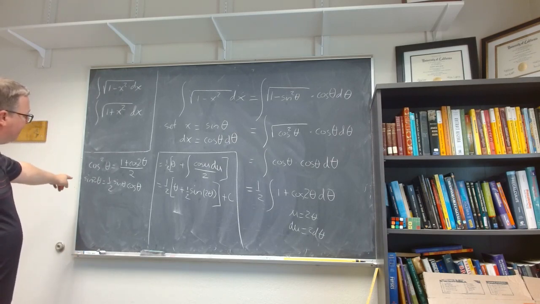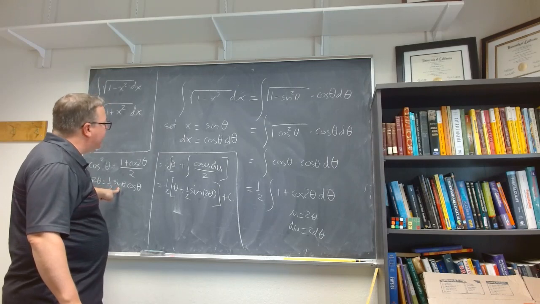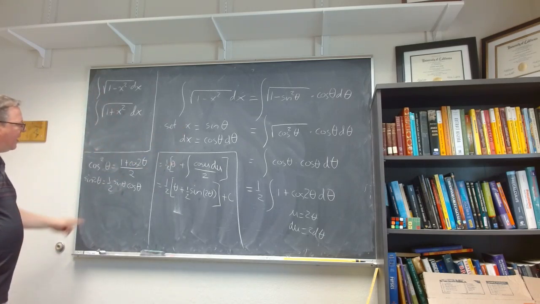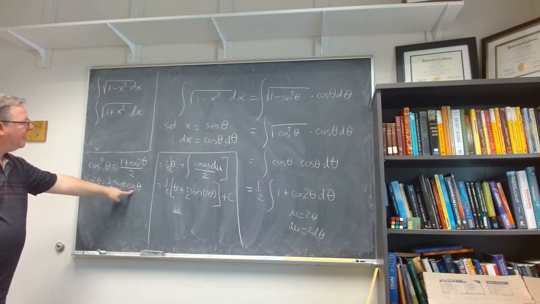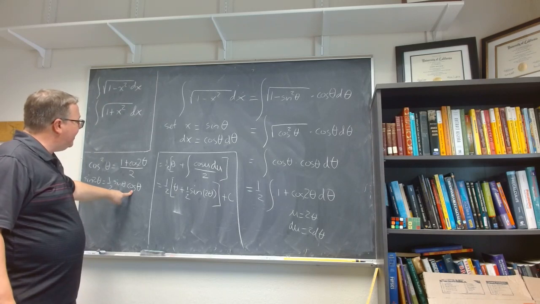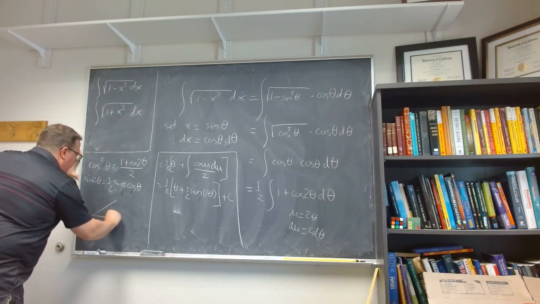And once we have this last piece, then we can replace sine of theta by x, but then we're going to have to figure out what to replace cosine of theta with. Well, cosine of theta is something that we figure out by drawing a right angle triangle.